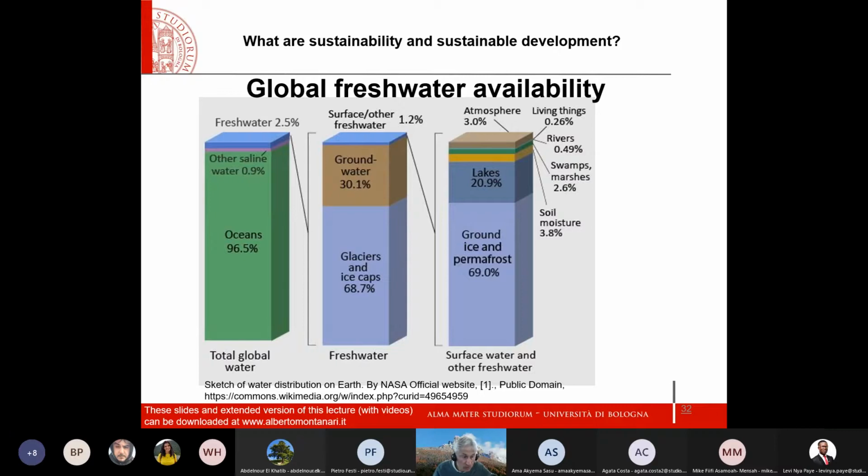So the fresh water, which is the water that we can use, is only 2.5%. Now let's look at the second column, the middle column, which is an explosion. It's a zoom on the 2.5% of fresh water in the first column.